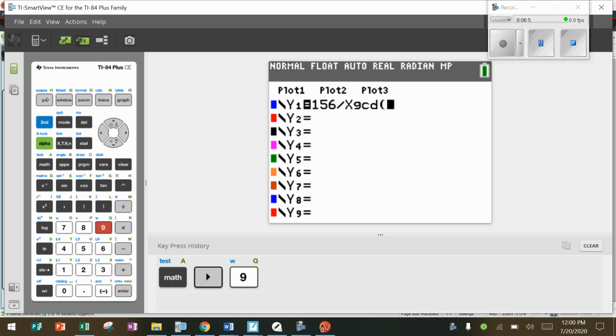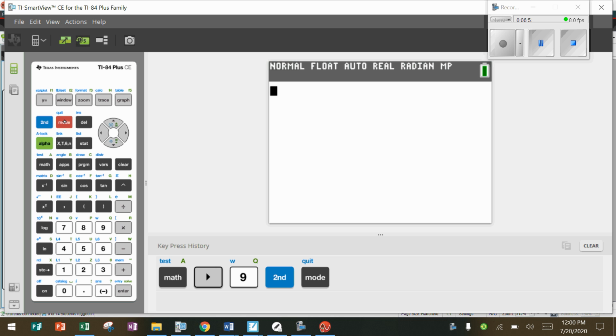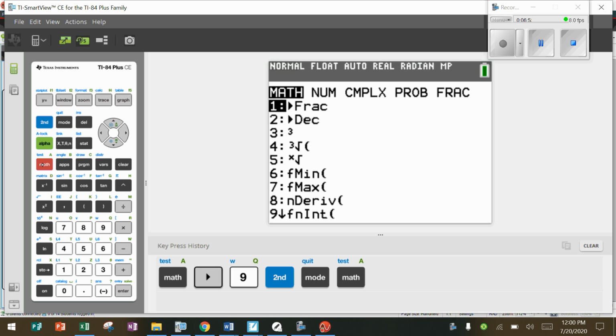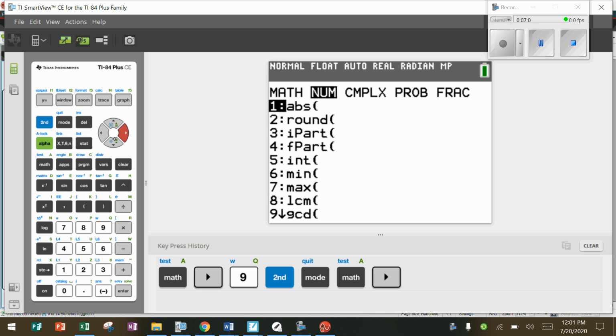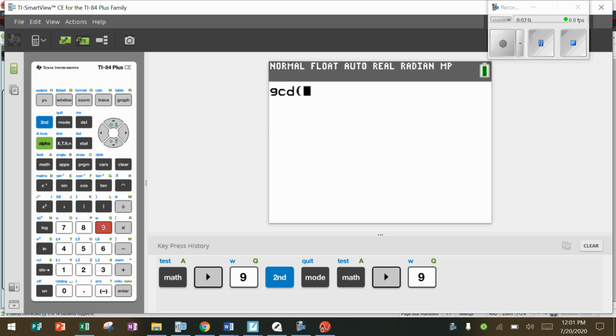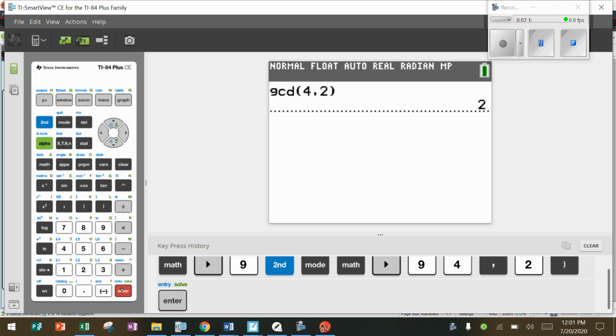Okay, but we want to do this from the regular home calculator screen. So again, that was the math button. Hit the right arrow to get over to number, and then option 9 is GCD, and then put in 4. The comma here is above the number 7, and we can find it that way.